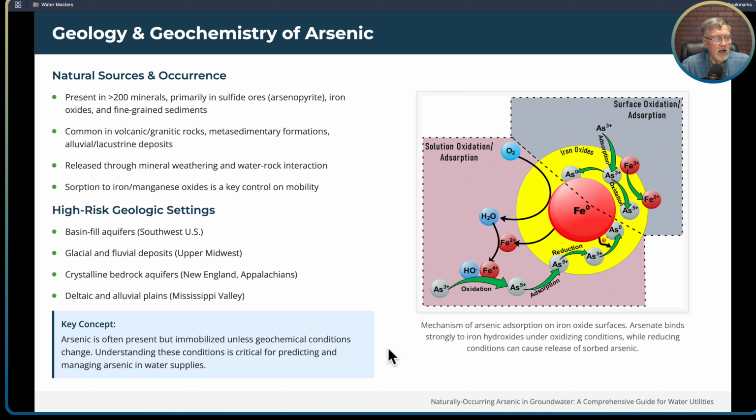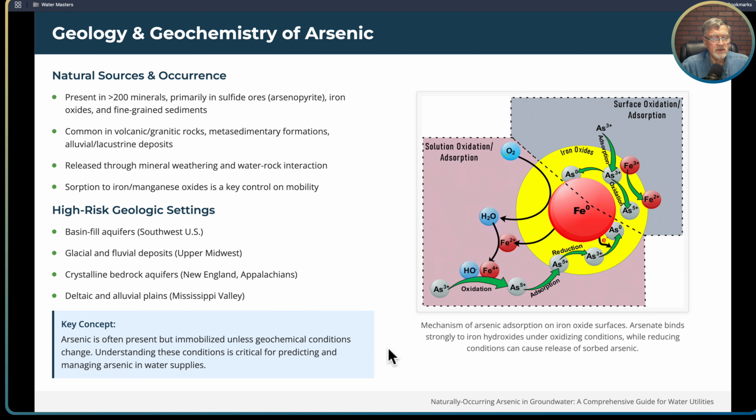So arsenic's released through mineral weathering and water rock interaction, and the chemistry is going to play a big part in that. And believe it or not, the biology plays a part in that too. We'll talk about that a little bit more. And sorption to iron and manganese oxides is a key control on mobility.